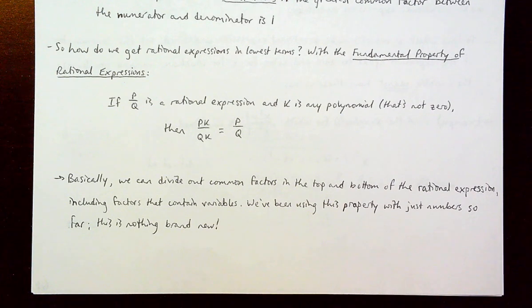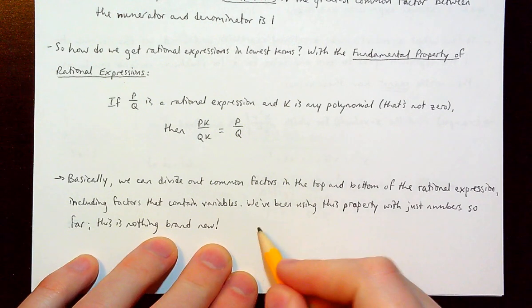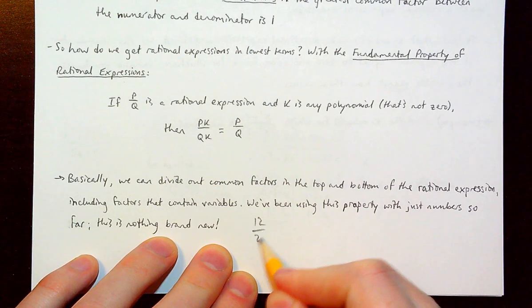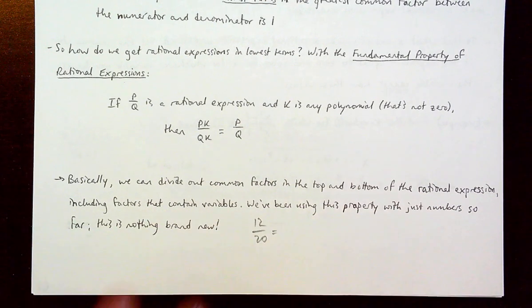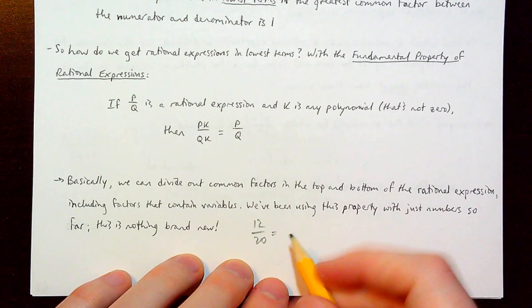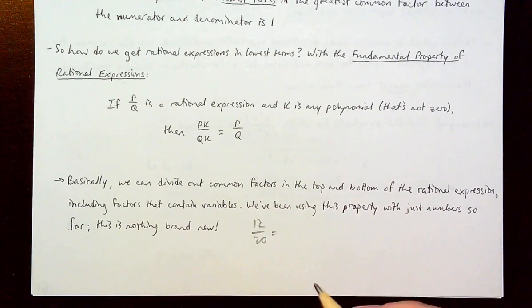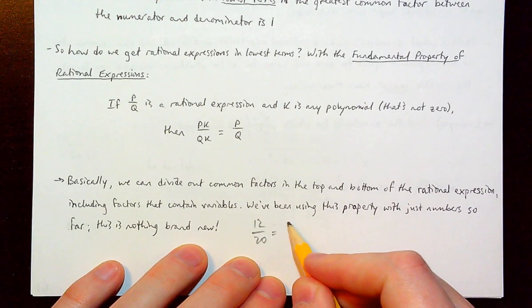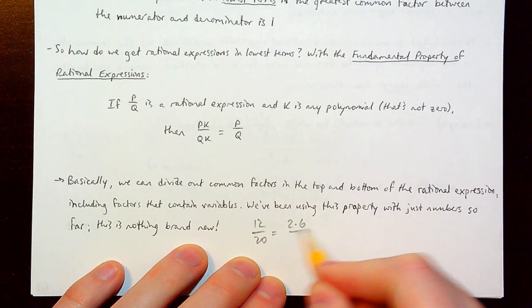Now, we've been doing this just with numbers up until this point, but the same thing works with these rational expressions and these variables here. We've done things where we have, say, 12 over 20, and we have to simplify that fraction, and we think, okay, what are the common factors between the top and the bottom?